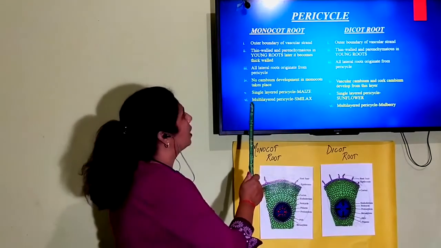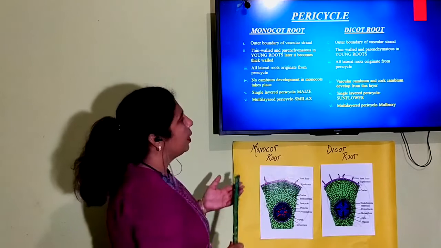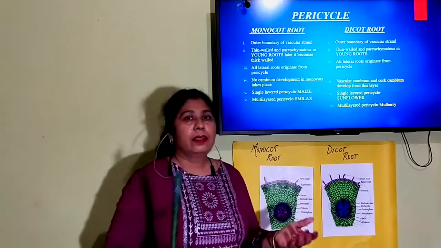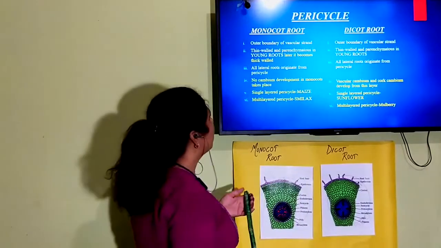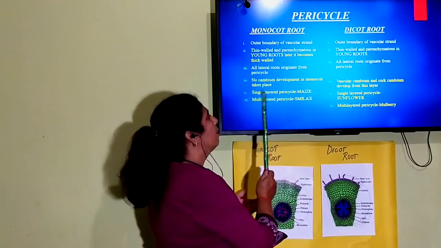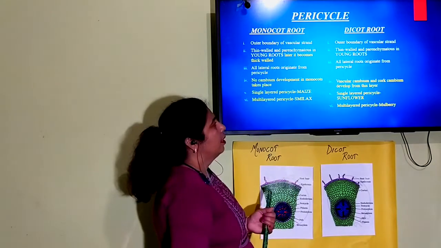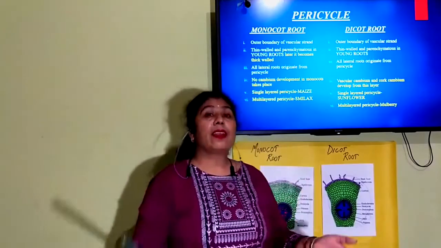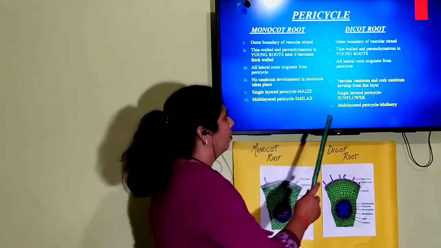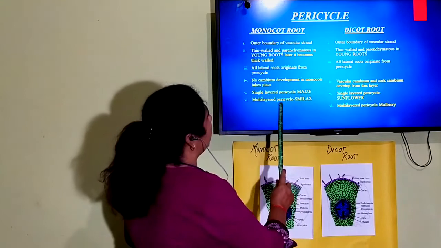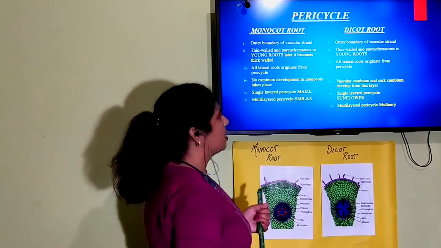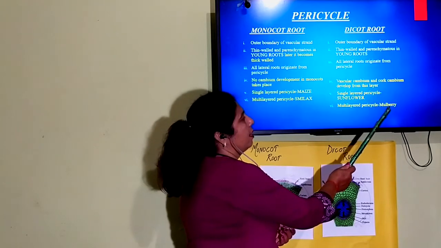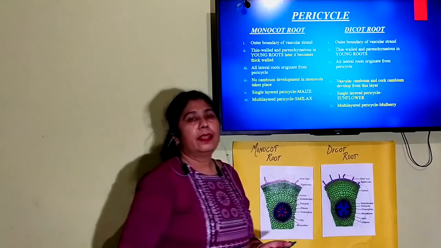So next point, we compare the layers in the pericycle. In the case of maize, it's a single layer. In dicots, single-layered pericycle is seen in the sunflower. Multi-layered pericycle is seen in smilax, and another multi-layered example is the mulberry tree.